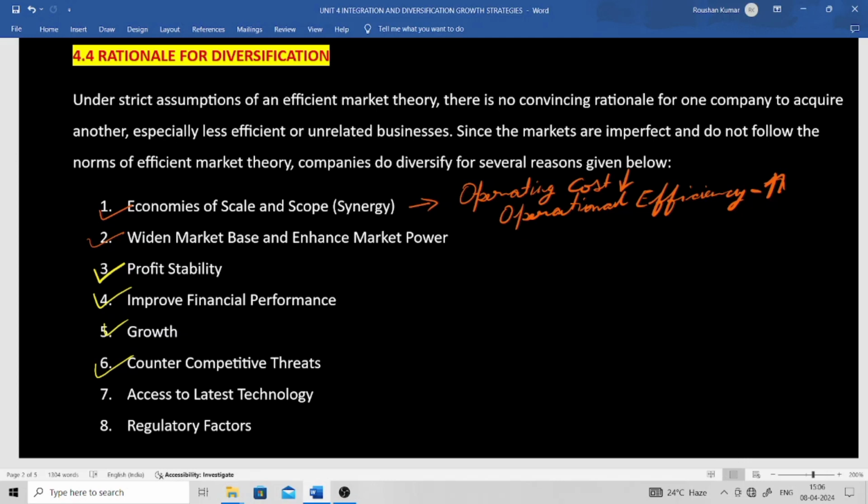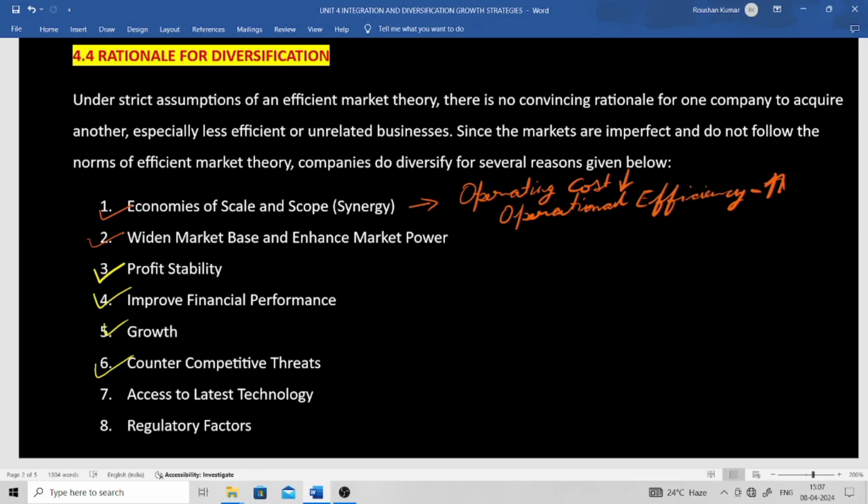Seventh, that is access to latest technology. Firms gain access to latest technologies without spending a huge amount of money on research and development whenever there is a merger or acquisition, or some kind of strategic alliance.